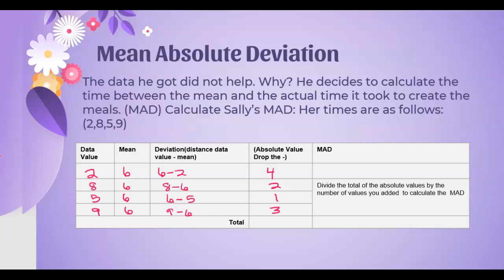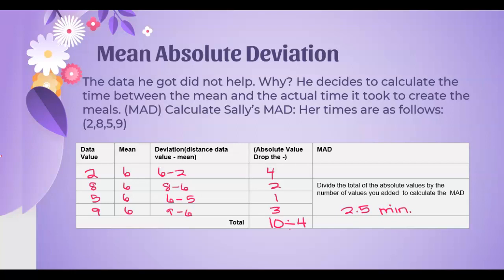Now let's add these all up together. 7, 8, 9, 10. So this is 10. And she had 4 meals, so we're going to divide this by 4. Her mean absolute deviation was 2.5 minutes.